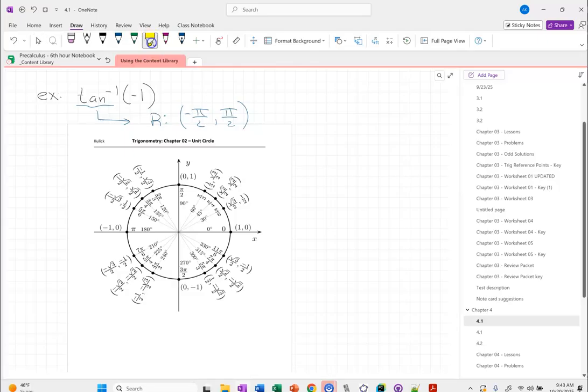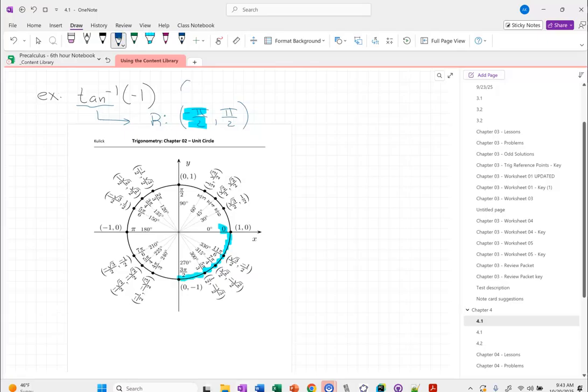So if I look at my first sweep, that's negative, so I'm going to start at 0. Which way do I go for negative? Clockwise. How far is pi over 2 in degrees? 90. How much is that? 1 quadrant. So I'm going clockwise, 1 quadrant.